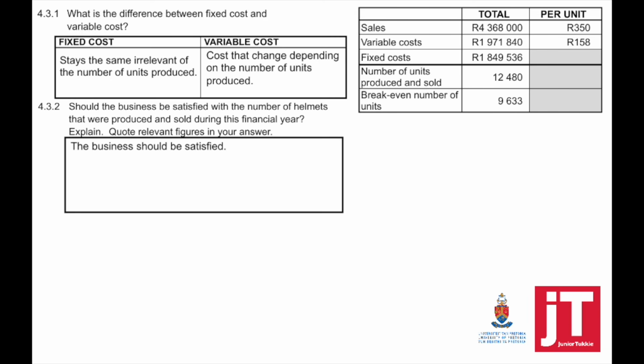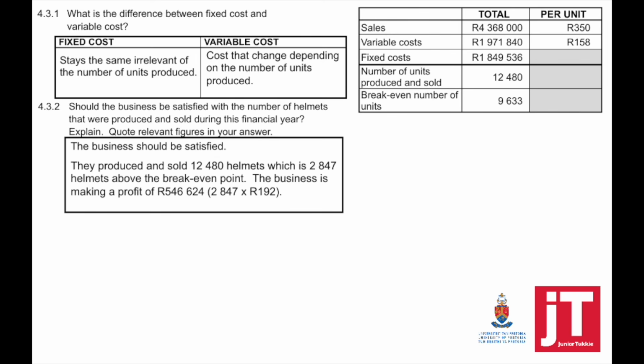So if I look at by comparing the two, the owners should be satisfied because the break-even point is less than the number of units produced and sold. So quote your figures. They produced and sold 12,480 helmets, which is 2,847 helmets above the break-even point.